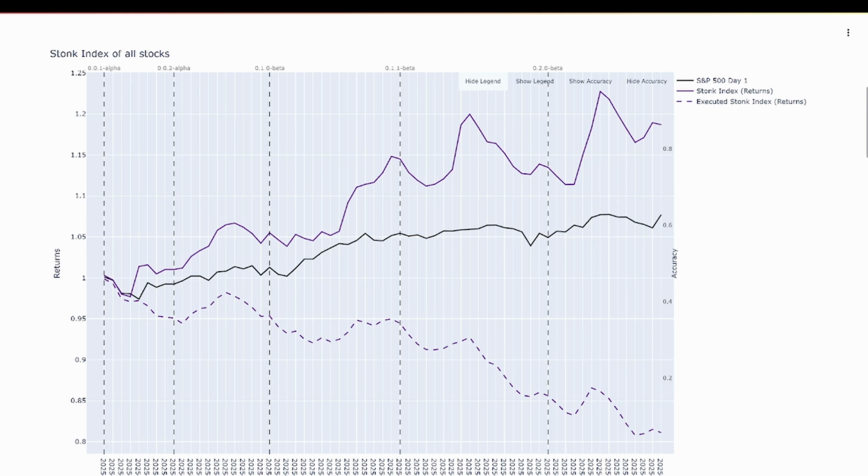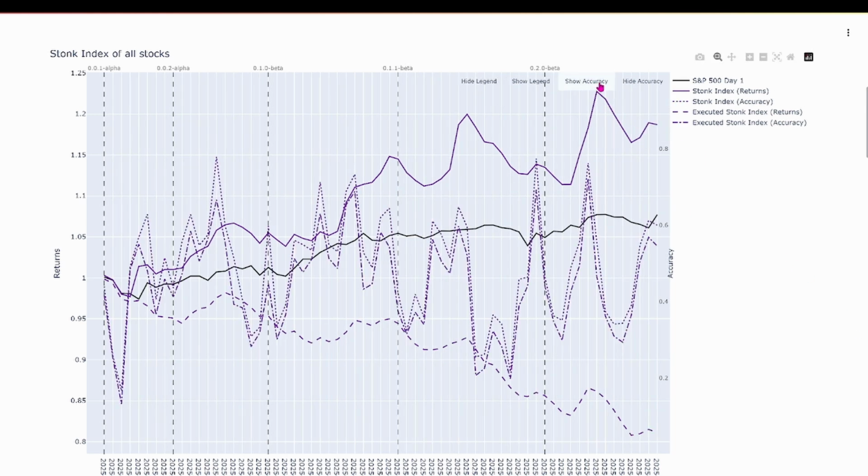If we look at the accuracy lines, which show the daily accuracy and the number of stocks in each of the executed and normal simulations, we can see that the fraction of stocks that never trade below their target entry price is around 10%, or 7 to 12 stocks at any given day.